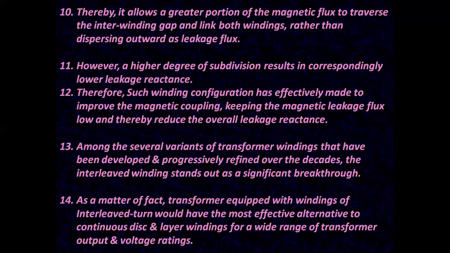Among the several variants of transformer windings that have been developed and progressively refined over the decades, the interleaved winding stands out as a significant breakthrough. As a matter of fact, a transformer equipped with windings of interleaved turns would be the most effective alternative to continuous disc and layer windings for a wide range of transformer output and voltage ratings.